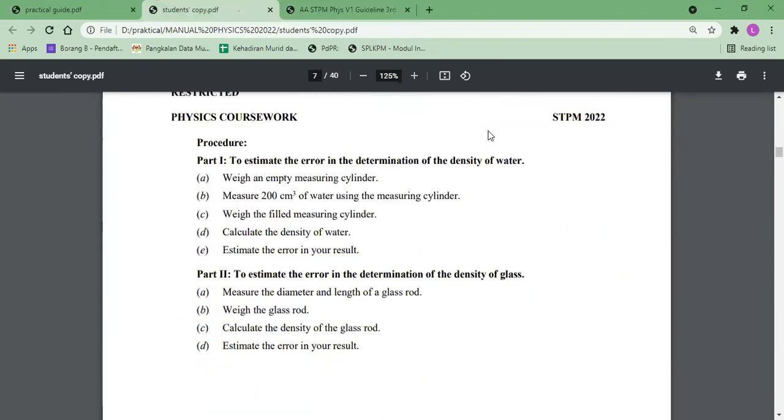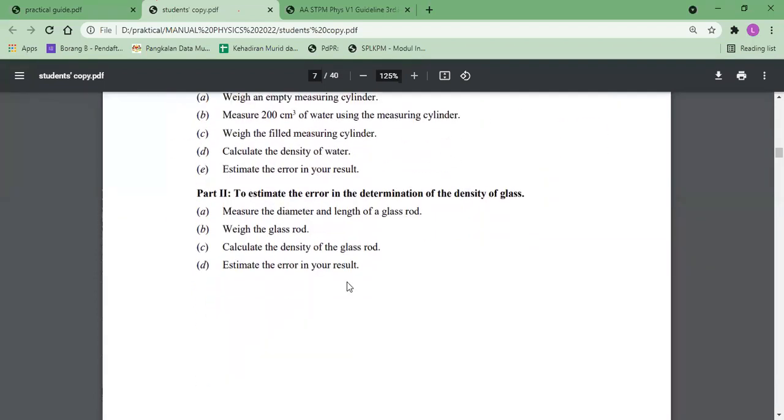After that, please write a sentence: record uncertainty. That means there is plus minus. So you write the sentence like this.